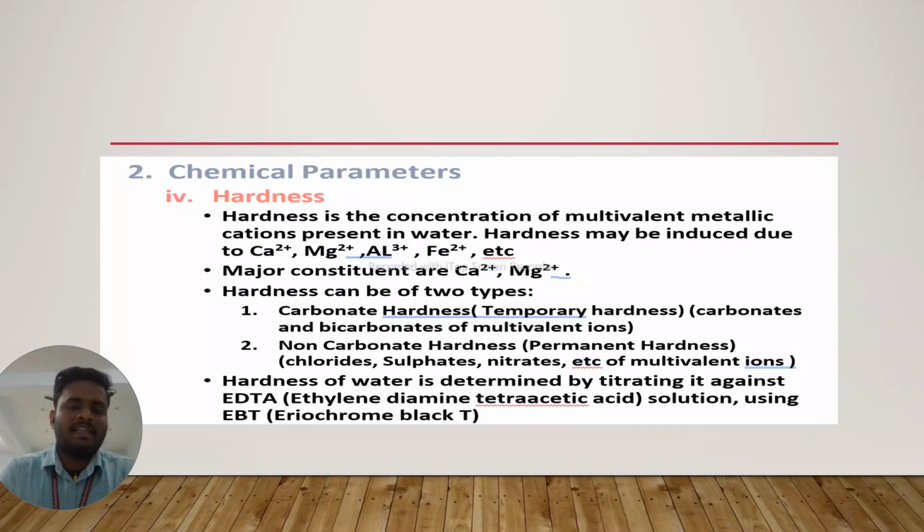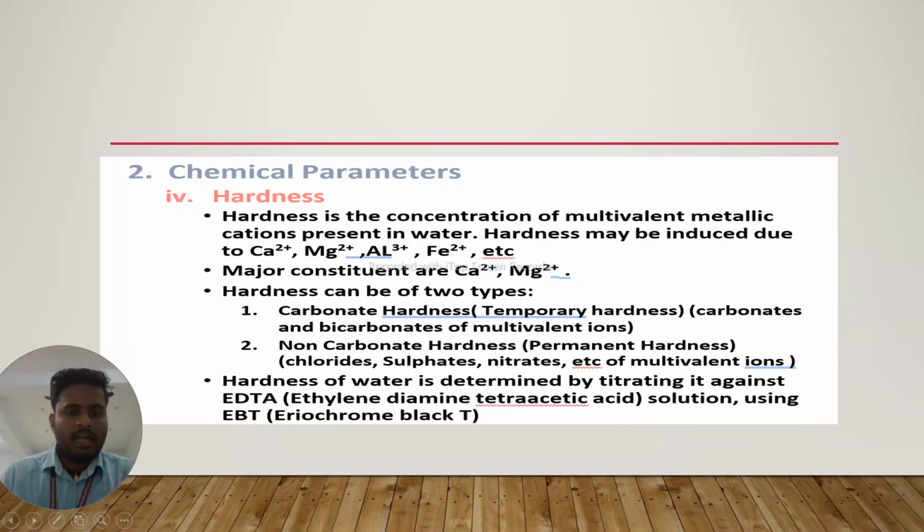One is carbonate hardness, also known as temporary hardness, which comes from carbonates and bicarbonates of multivalent ions. When carbonates and bicarbonates of multivalent ions are present in that water, we know that is temporary hardness.